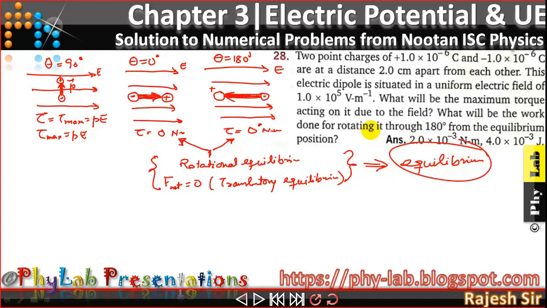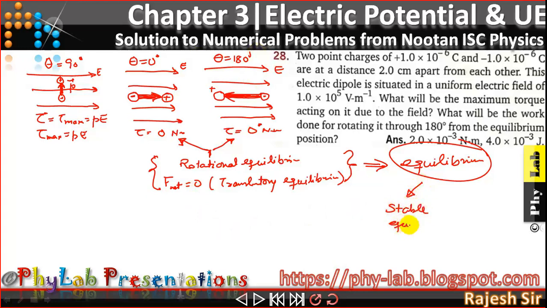So there can be two states. When theta is 0 degrees, that's one state, and when theta is equal to 180 degrees, that's another state. So there are two different states in which the dipole can be placed in equilibrium position. One is called stable equilibrium, and the other is called unstable equilibrium.